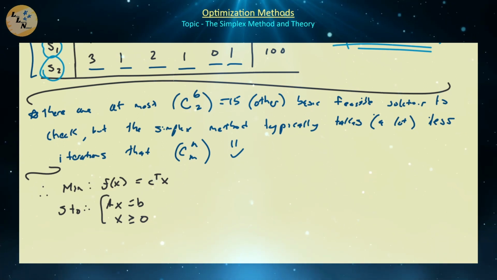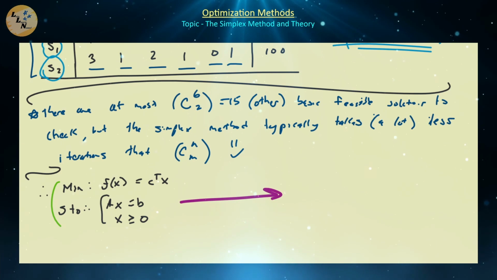But if we want to look at this from, for example, a theoretical perspective, and we know that the basic feasible solution is a starting point, how can we write this standard form linear program in terms of the basic and non-basic solutions? So, if we know that x is partitioned into x_B and x_N, the basic and non-basic variables, and A is partitioned into a basic and non-basic matrix, therefore we can write this in equivalent form. So this is equivalent to the following linear program.